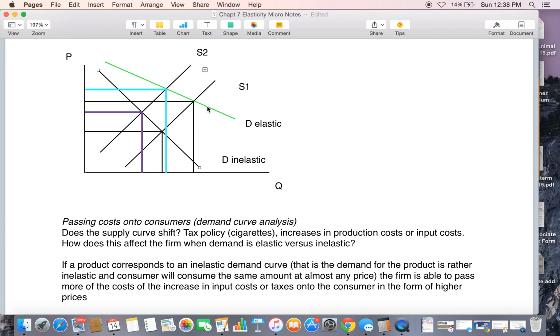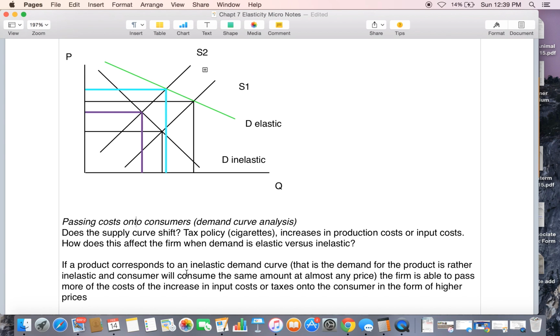If we have a more elastic situation, we'll notice that here at our original equilibrium, the consumer is going to actually demand much less of the good or service, as represented by this distance being less than this distance, so the quantity demanded falls dramatically, and we don't see as much of an increase in price, as represented by an elastic demand curve having this smaller increase in price over an inelastic demand curve having this larger increase in price.